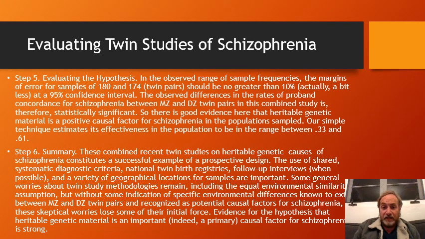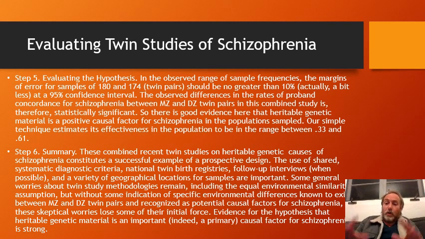There are worries. We talked about this assumption that there's environmental similarity when, in fact, growing up with an identical twin is probably fairly different from growing up with a fraternal twin. But unless there's some indication that that's known to be a causal factor, we maybe don't need to worry about it too much. So it appears that inheritance of genetic material is an important causal factor for schizophrenia. This is strong evidence.